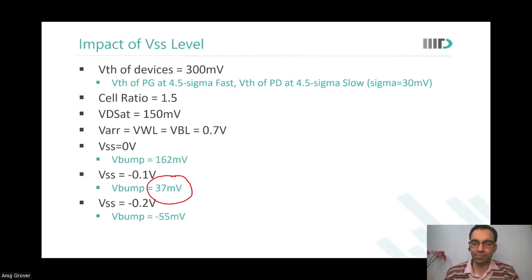So if I've reduced this V bump, reduced the level of Vx, what happens to the read current? What happens to the voltage across the drain and source of the pass gate? It increases. What happens to the VGS? That also increases. So we see an improvement in read current.